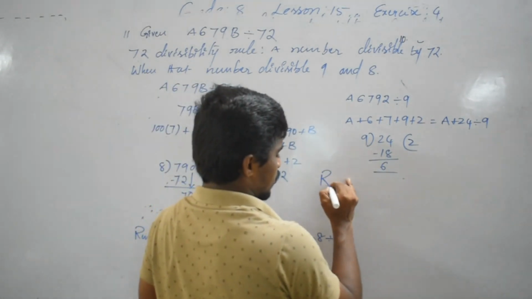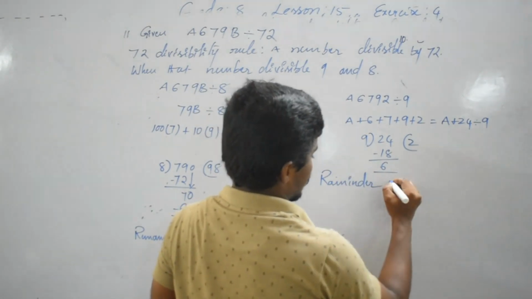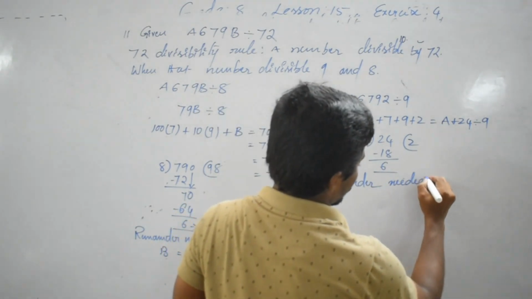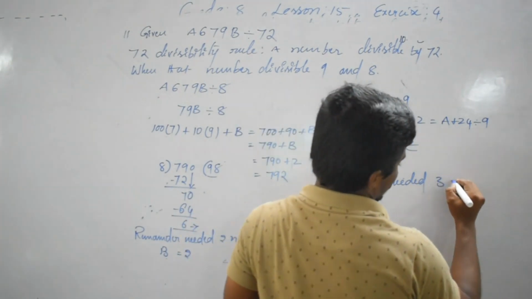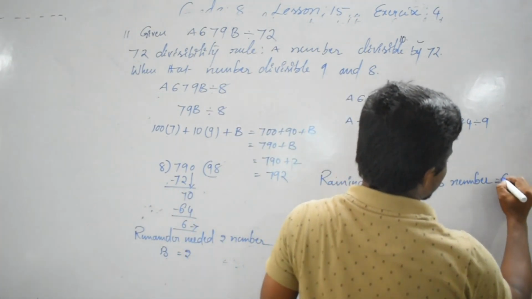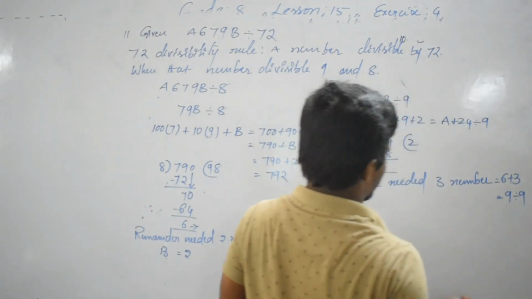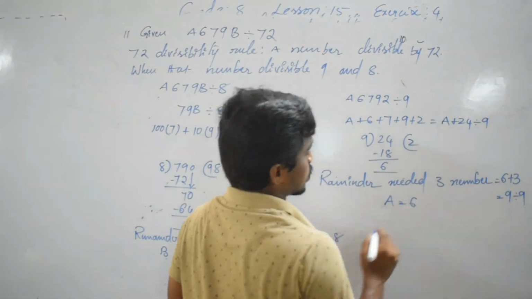So 6 plus 3 is 9, divided by 9. So A equals 3.